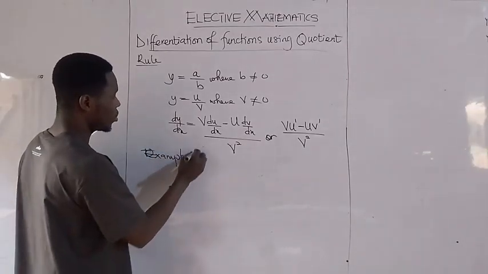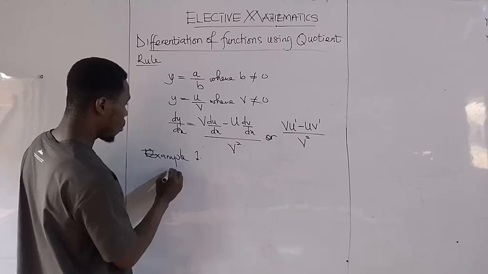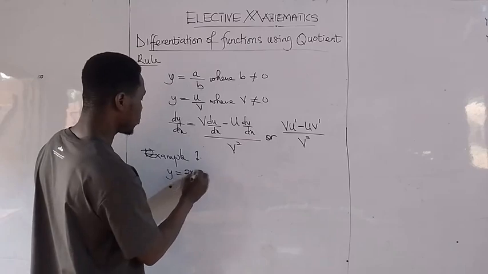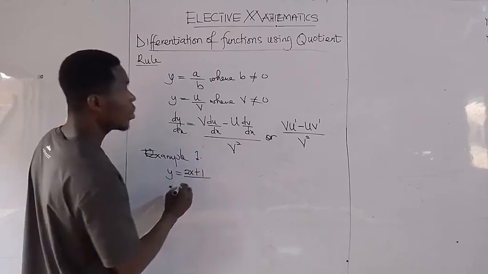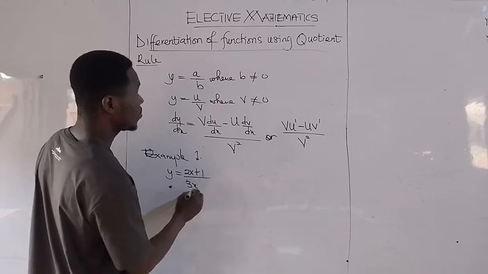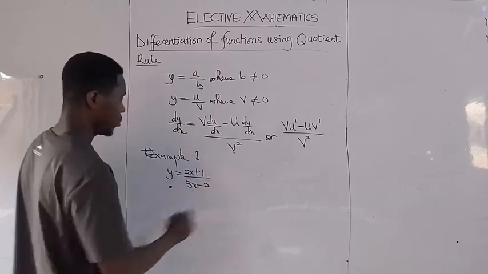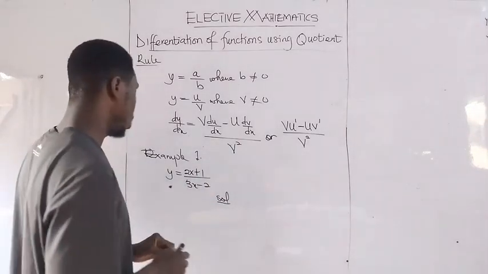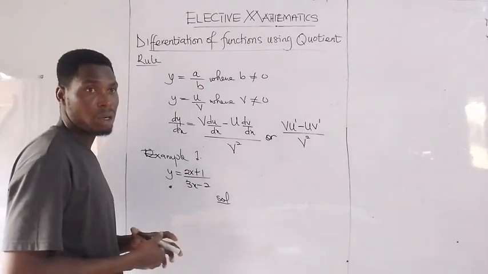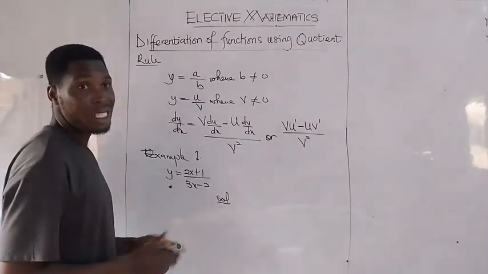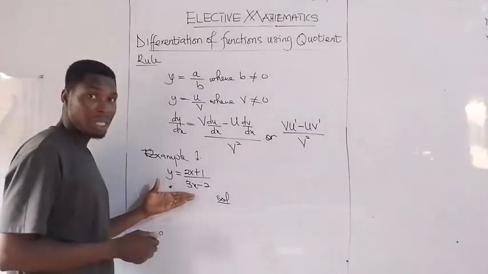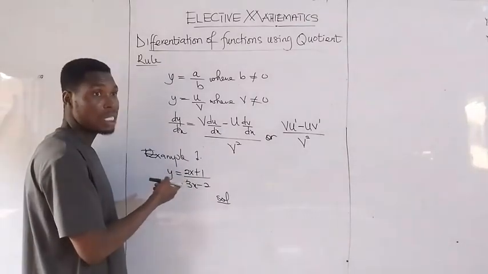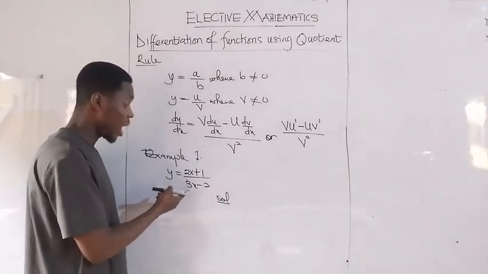Example 1. Our y is equal to 2x plus 1 all over 3x minus 2. How do we do it? Solution. When a question is given to you, you just have to look at the question straightforwardly. We have a numerator, which is 2x plus 1, over the denominator, which is 3x minus 2.